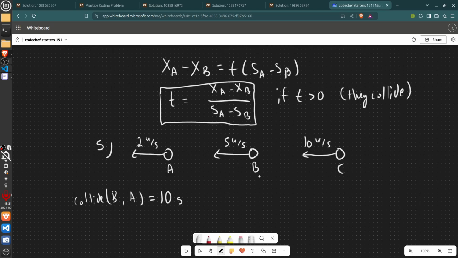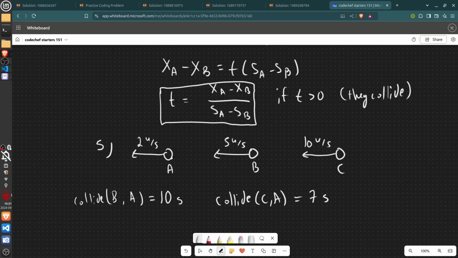But C will collide with B. So one important observation here is that when C collides with B, it's going to continue to move at 10 units per second. So in a sense, since it's going to continue to move at 10 units per second, that means I can calculate when it will collide with A. And maybe it collides with A in 7 seconds.